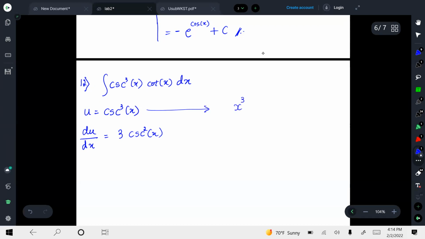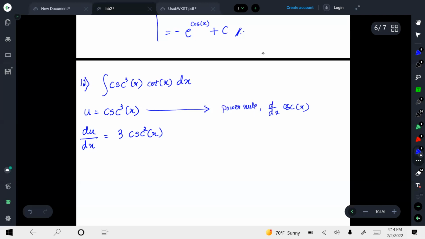You have x cube as well as x. You have the power rule with the variable. You're going to apply the chain rule. So first you are going to apply the power rule, and then you are going to find the derivative of d by dx of cosecant x.